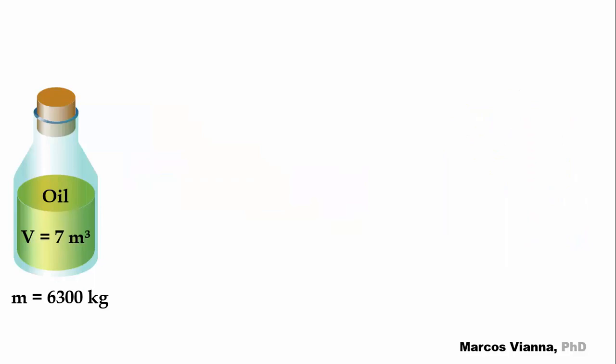Here is an oil sample. Its volume is 7 cubic meters and the corresponding mass is 6,300 kilograms. So, its density ρ equals m over v will be 6,300 over 7 equals 900 kilograms per cubic meter.